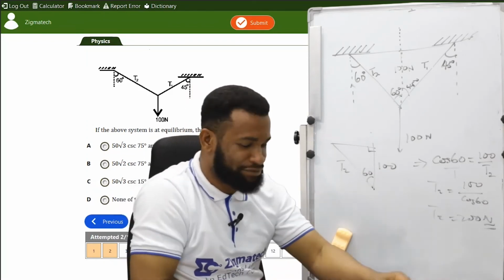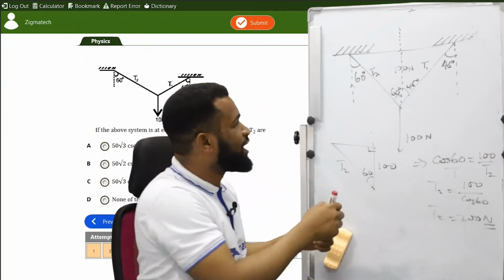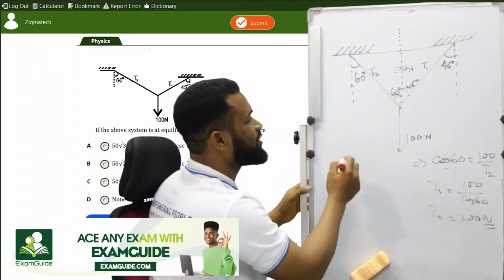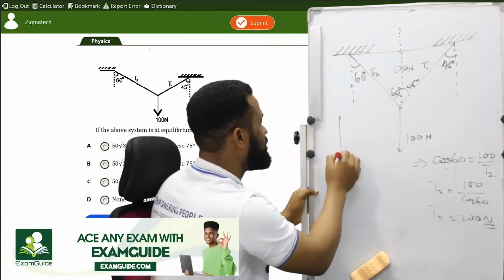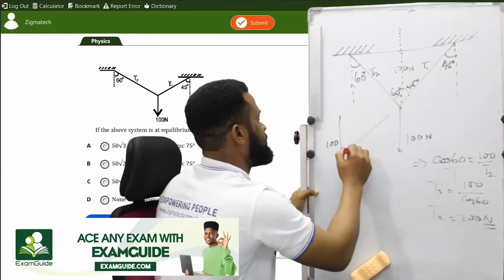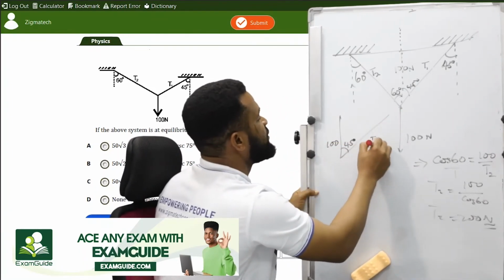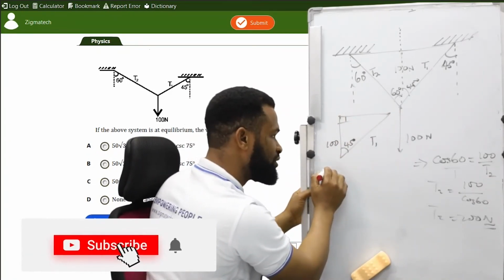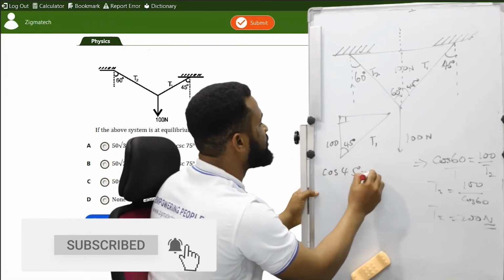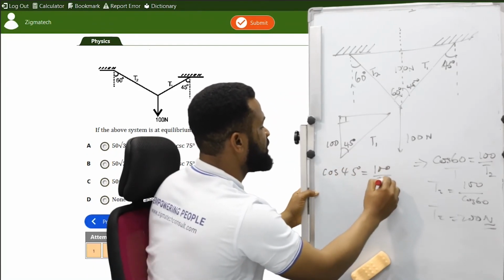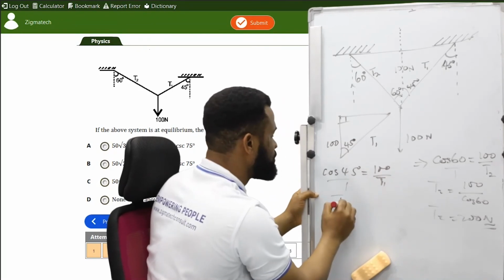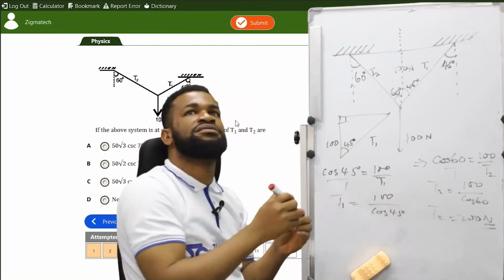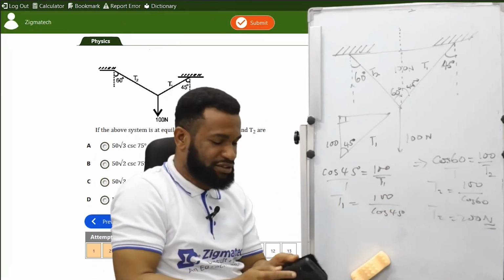When we go to T1, I'm also going to just do these simple trigonometric ratios. And that means my 45 degrees, T1, adjacent over hypotenuse. So cos 45 degrees is going to be 100 over T1. So T1 is going to be 100 over cos 45. No, cos 45 is a special one.